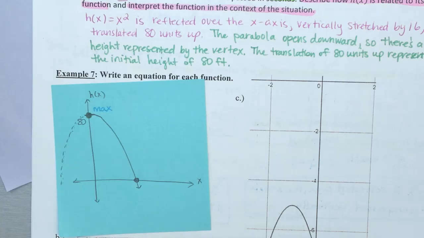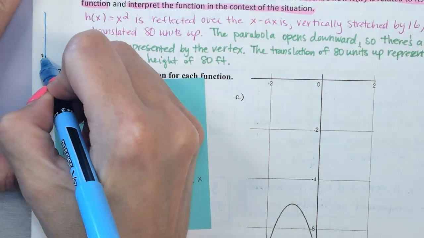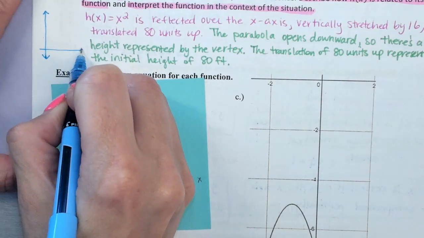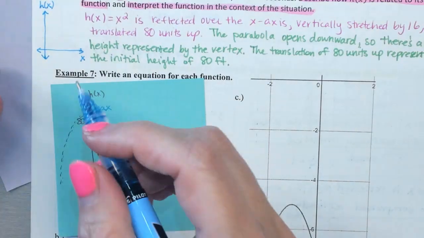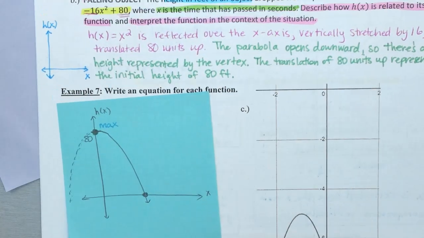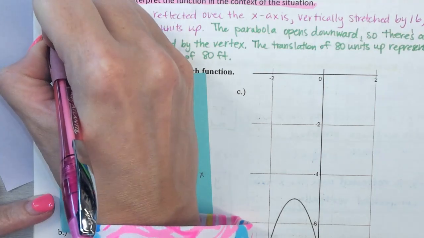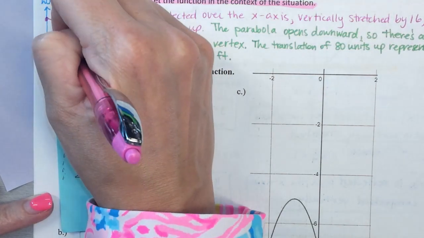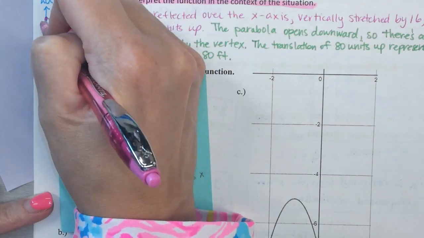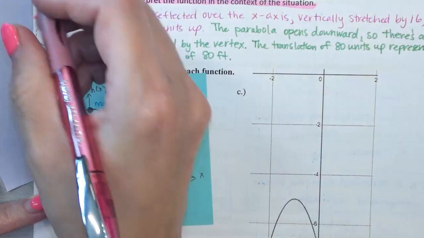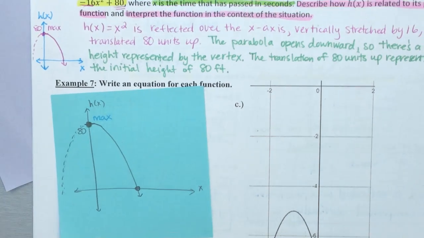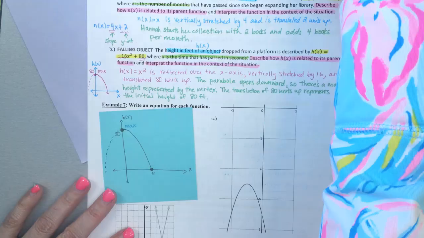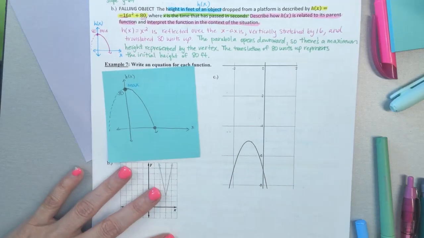For problems like this, that is going to be standard. And I'm just drawing the same thing that I drew over here. I'm just making it a little bit smaller. Okay, so you have your max value here. You have this part of the parabola. You're describing that. You're not worrying about that other side. And this is here at 80. Okay? And you can follow that for any time you're doing the x squared.